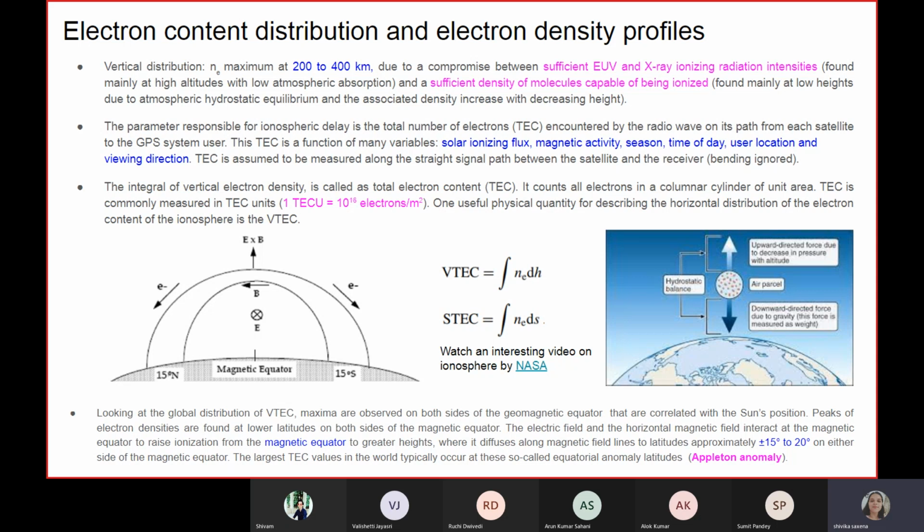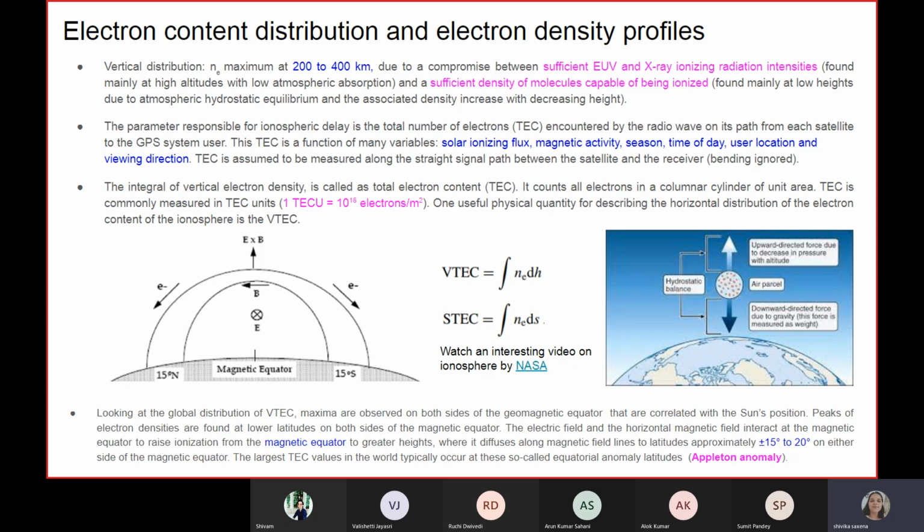Electron density or electron content, how it is distributed, we will see. The vertical distribution is such that electron density is maximum at 200 to 400 kilometers. This is happening because of a compromise between how much solar energy is ionizing, that is, sufficient EUV and X-ray intensities at a height, as well as how dense the atmosphere is there. Okay, so these two things are naturally functions of height.